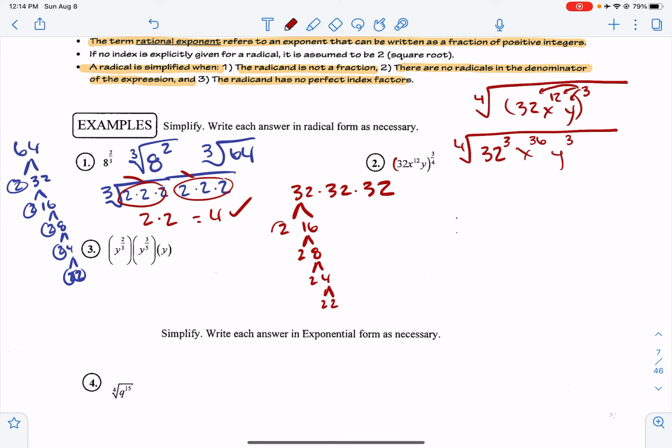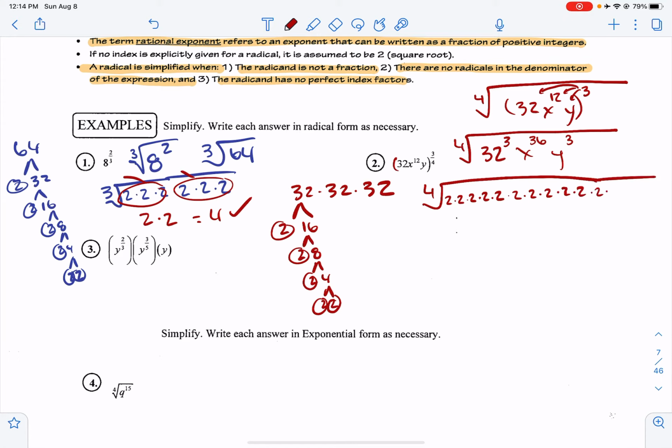So each of those 32s just turns into 5 regular 2s. So if I rewrite this, I get 2 times 2 times 2 times 2 times 2. There's my first 32. And then I need 5 more. Then I need 5 more.